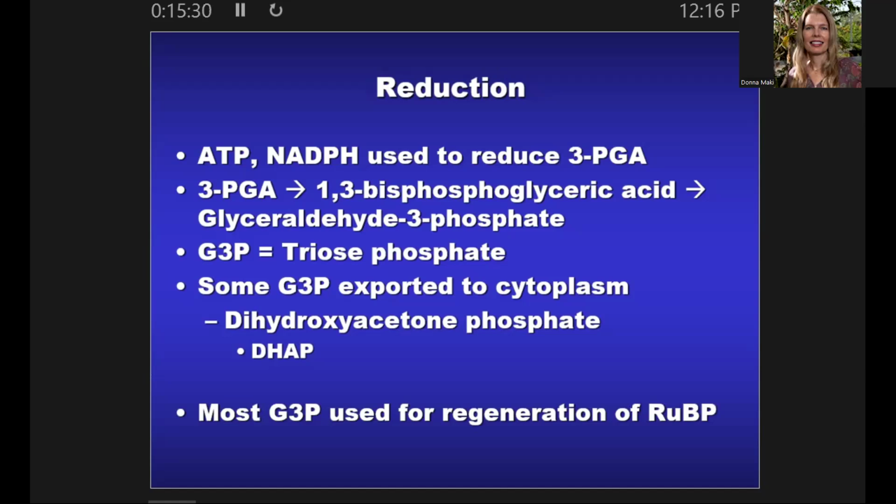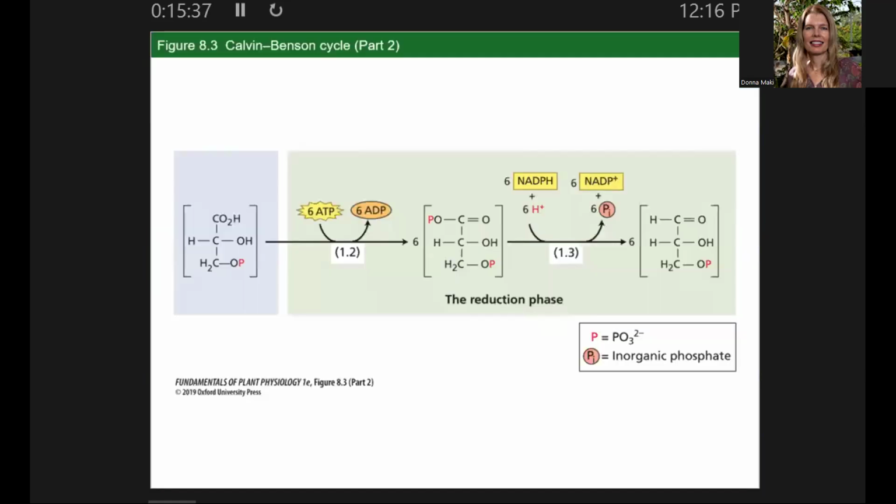Okay, so the reduction phase: if you can remember that NADPH is a reducing molecule, that's why they named it the reduction phase. So here you see PGA on the left, and you can see it gets phosphorylated, and then it gets reduced by NADPH into G3P.